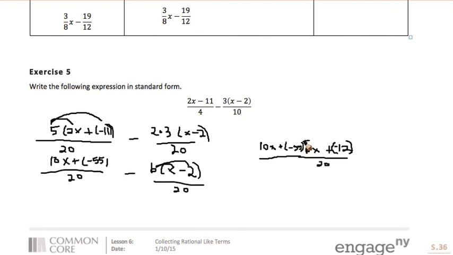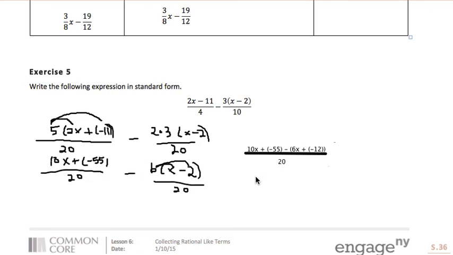This was subtraction. So when we rewrite it, we get 10x plus negative 55 minus, and we need to put this in a quantity because we're subtracting the whole thing, 6x plus negative 12. Now, before we do anything more, we're going to have to change our subtraction to addition and change the sign of both of the terms inside the parentheses, because remember, we are subtracting this whole quantity.